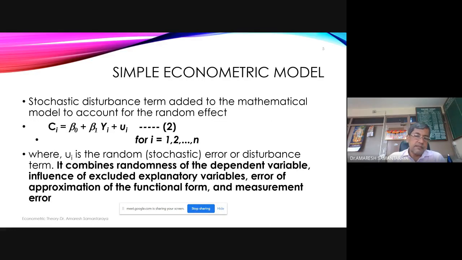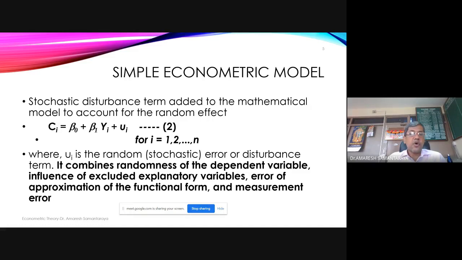So these variations in individual behavior or response to the same thing need to be modeled appropriately. In our model 2 here, we have added a new term on the right hand side, which is UI, and this UI is known as the stochastic disturbance term.